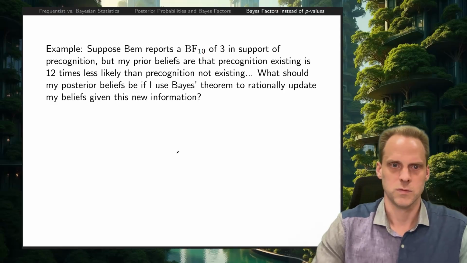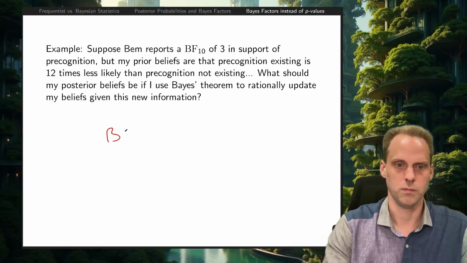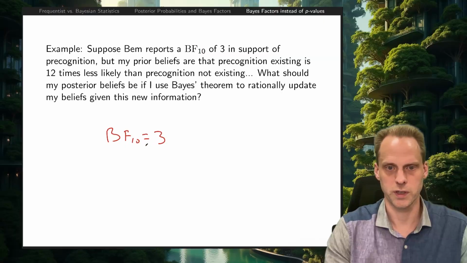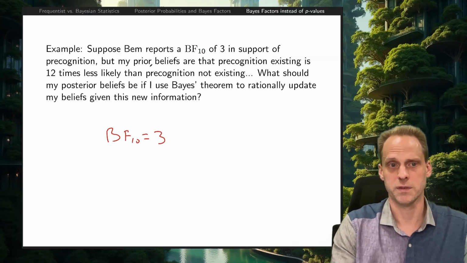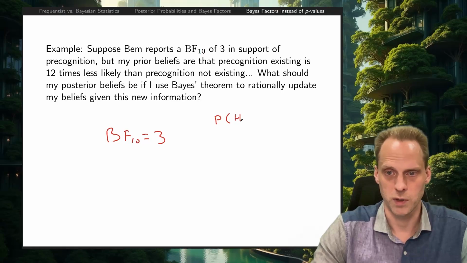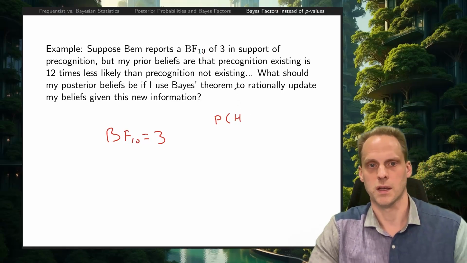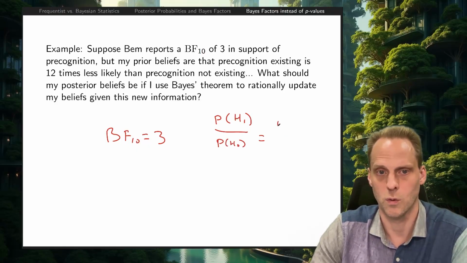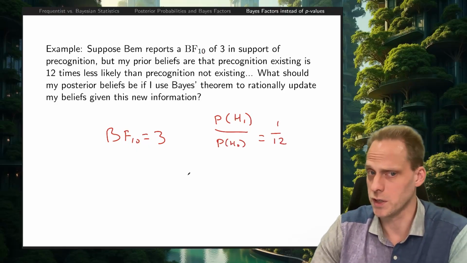Alright, so BF₁₀ equals 3. My prior belief, so my belief that precognition existing divided by not existing, is 1/12. So what should my posterior beliefs be now?